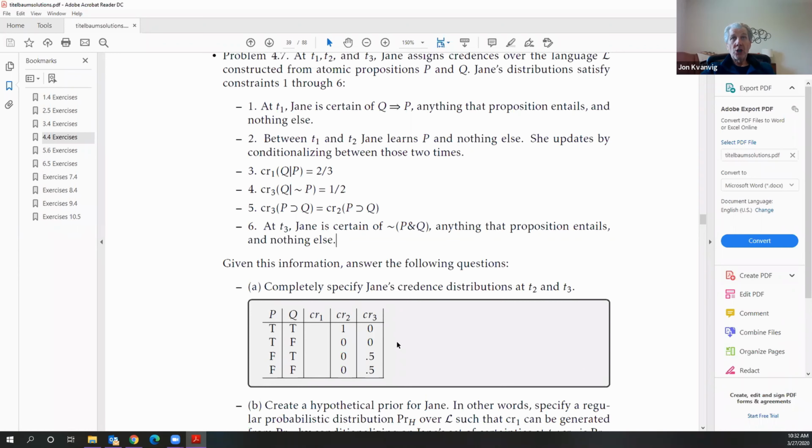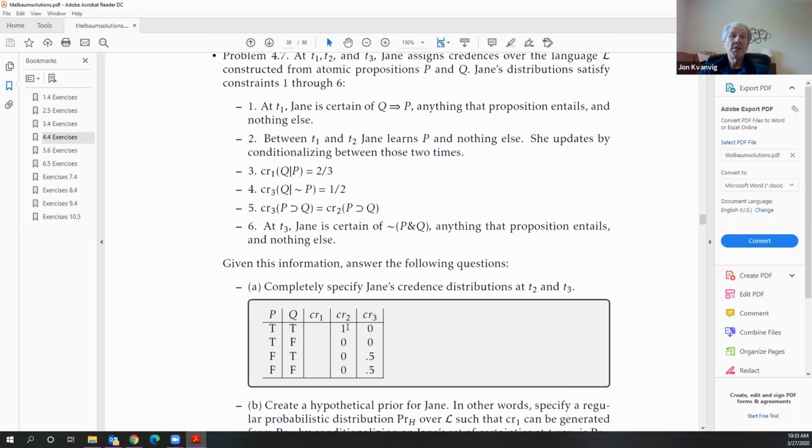So we should go through and make sure that those 2 things are true. Look at number 5, for example. The credence in the conditional is the same across the 2 times. So what is this? This is not P or Q, so this is the sum of lines 1, 3, and 4.